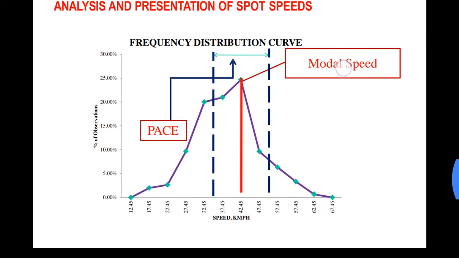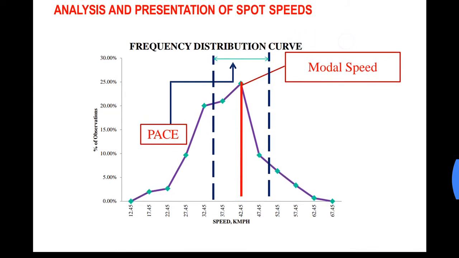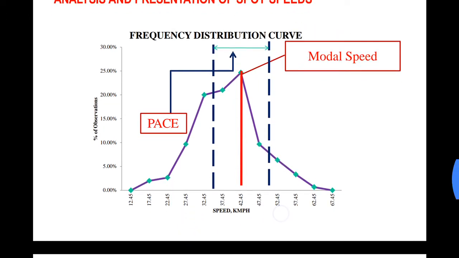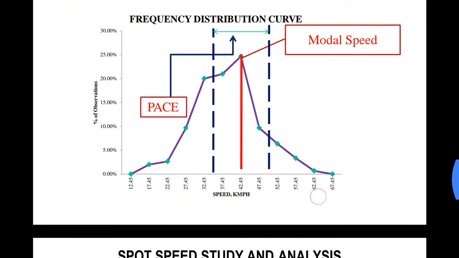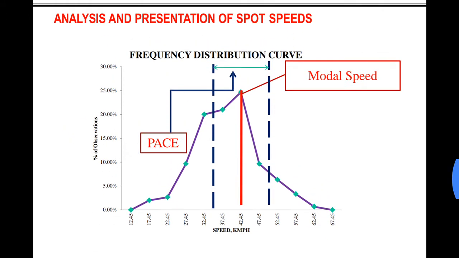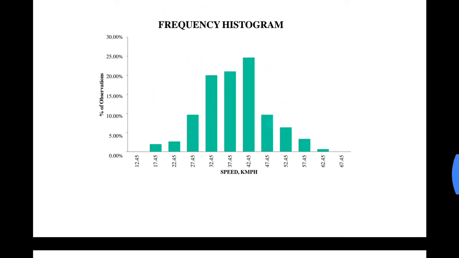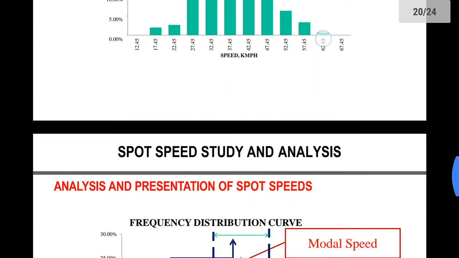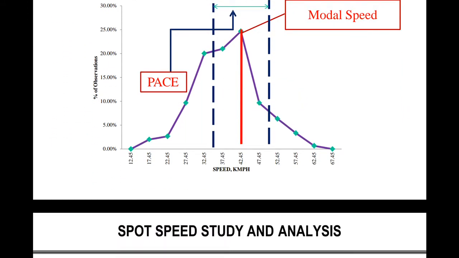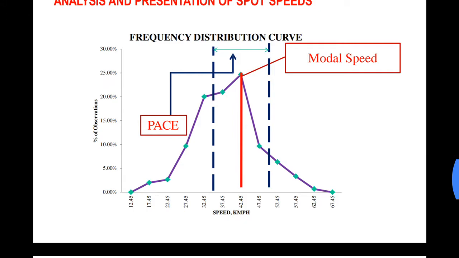The next type of presentation is using the frequency distribution curve. Here you have the same mid speeds in kmph along the x-axis and number of observations along the y-axis, but instead of using bars, we just mark the points and then we join each of these points.